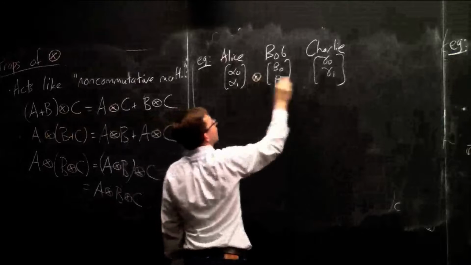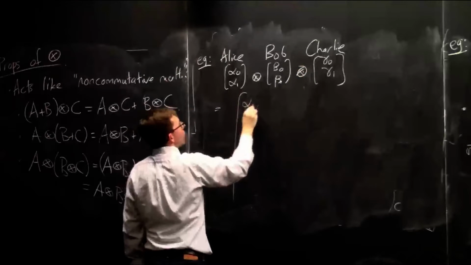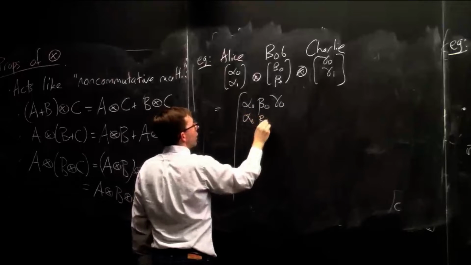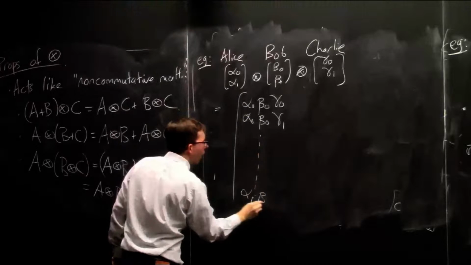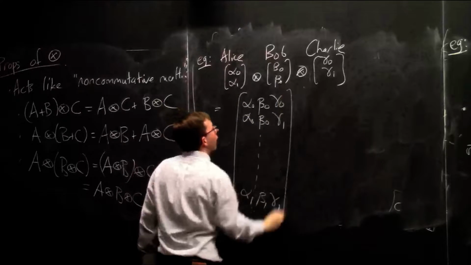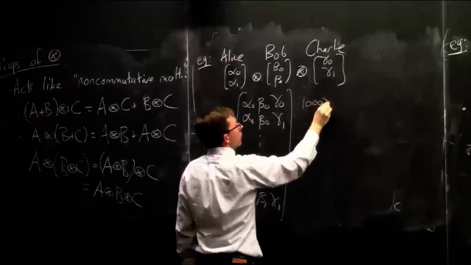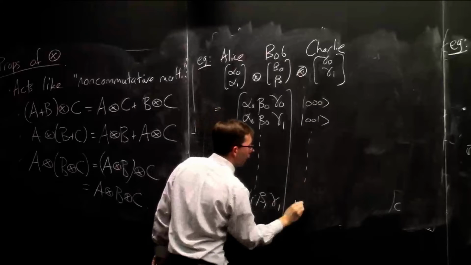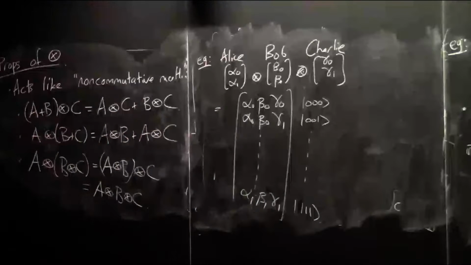Their joint state is exactly what you'd think. It's an 8-dimensional thing: alpha 0 beta 0 gamma 0, alpha 0 beta 0 gamma 1, down to alpha 1 beta 1 gamma 1. The names of these 8 coordinates are 000, 001, etc.